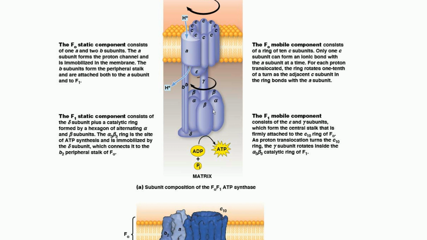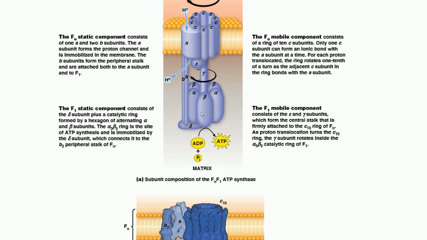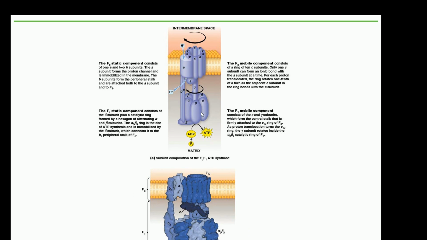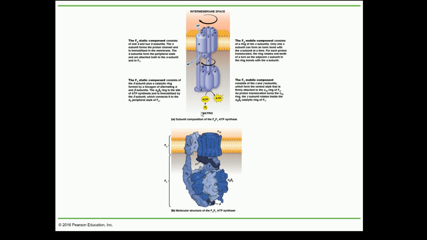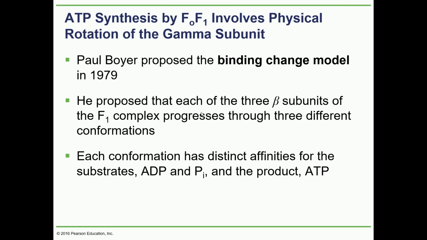When this ring moves, this gamma also moves, and it can move completely, through 360 degrees. Whenever this gamma subunit rotates by 120 degrees, there is a change in the conformation of the beta subunit. So let's go back to the different conformations of the beta subunit and how it produces ATP.